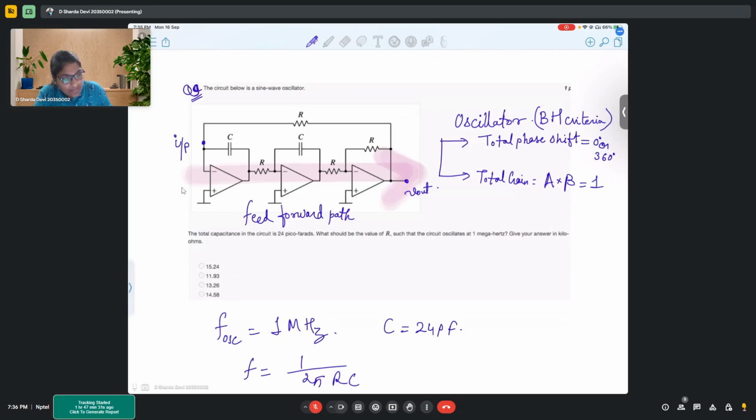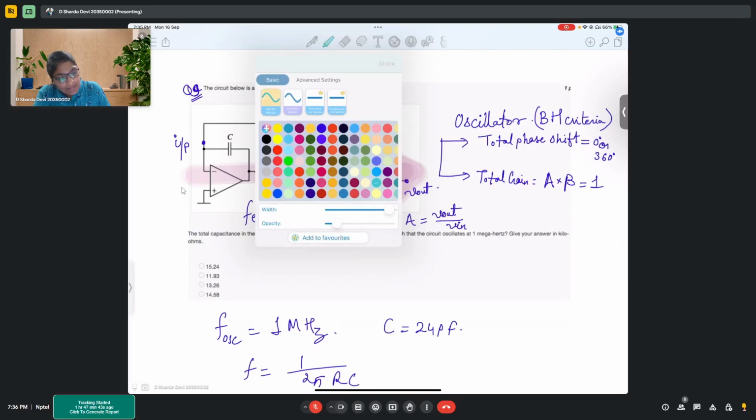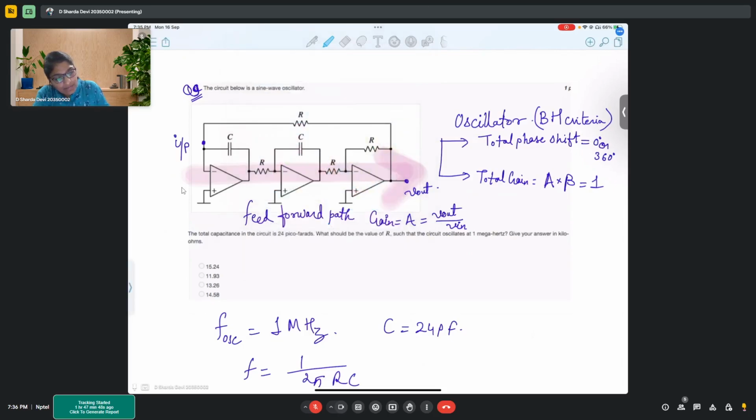And from here you find the gain, that is A, which is V out by V in. Correct? Now, there is another path which is connected between your output and input. Can you see this? This is connecting your output to input. We call this the feedback path.